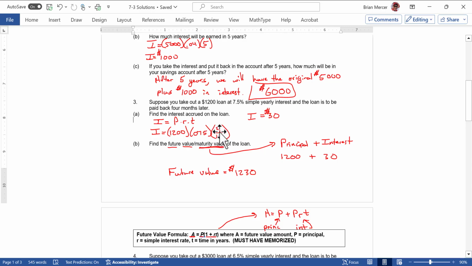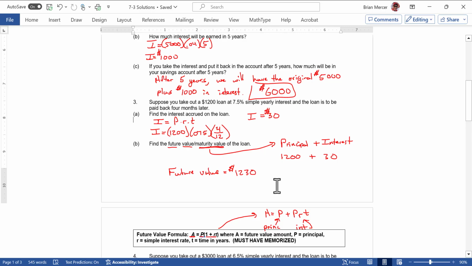So time, even though it said 4 months, we have to put 4/12 of a year. So our time is actually a third of a year. So then you do that calculation, you get $30 in interest. The future value of that loan is the original $1,200 plus $30 in interest.